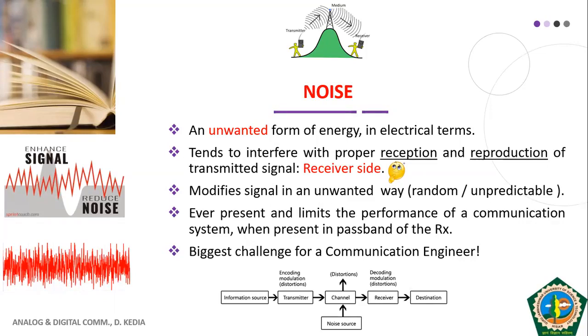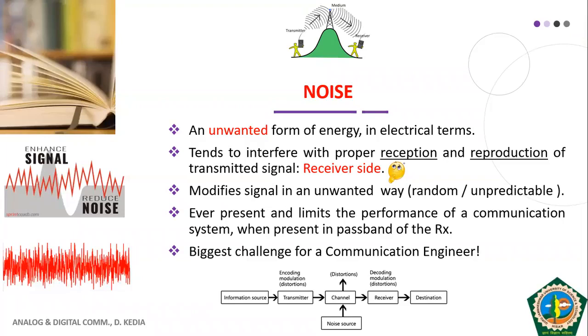Students, we also face noise in our day-to-day communication. In our day-to-day talk, if there is some noise, we are not able to concentrate on the job we are doing. If we have noise, we cannot communicate our things properly from one place to another. The same is the case here.